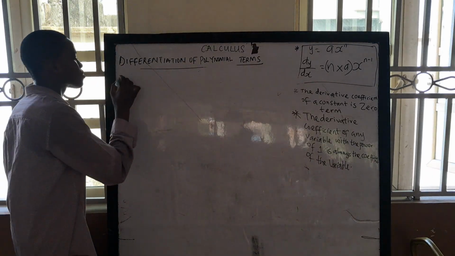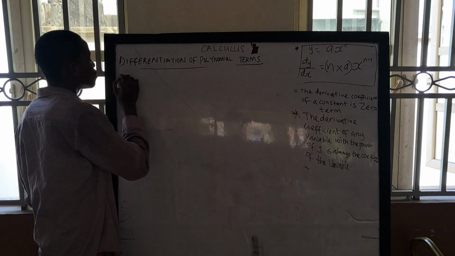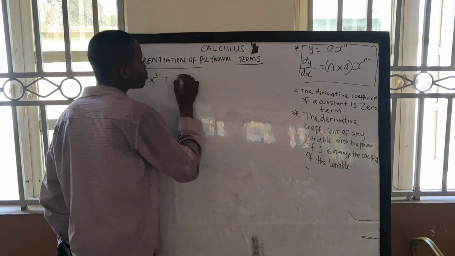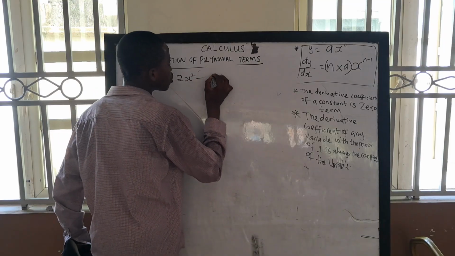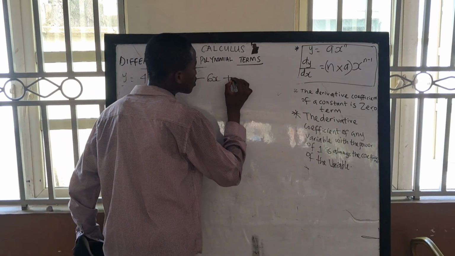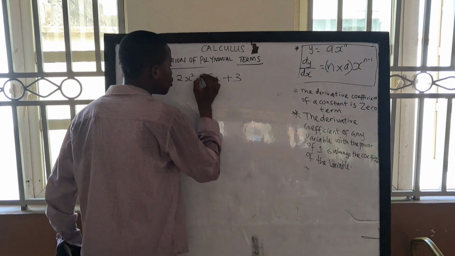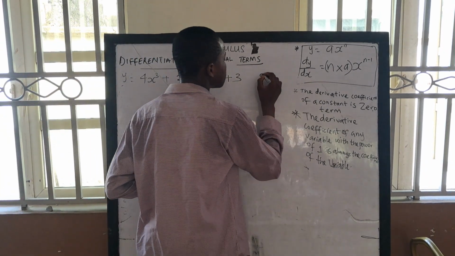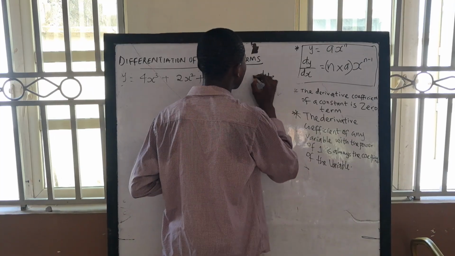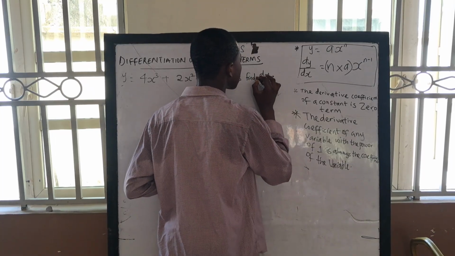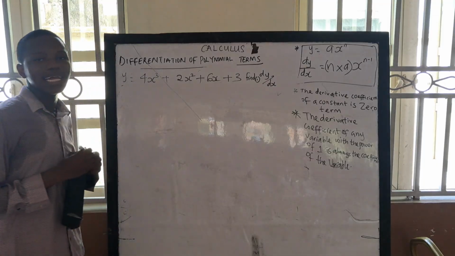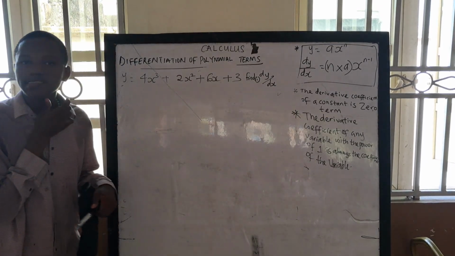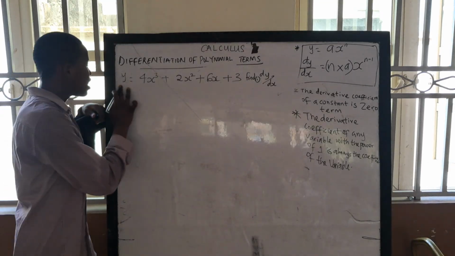Now, we have y equals 4x cubed plus 2x squared minus 6x plus 3. Okay, let's just use plus for instance. So I'm asked to find dy dx. I'm differentiating this with respect to what? X now.